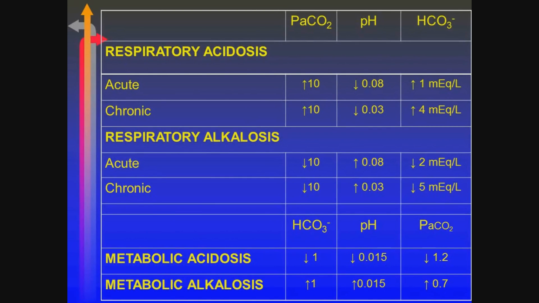But looking at respiratory acidemia and alkalemia, and dividing them into an acute process versus a chronic process, and looking at how much of a change occurs and what the effect of that will be on a pH and a bicarbonate. Metabolic acidemia and metabolic alkalemia only are chronic because it takes them longer to work. It's not like the respiratory system, which works within a matter of minutes.